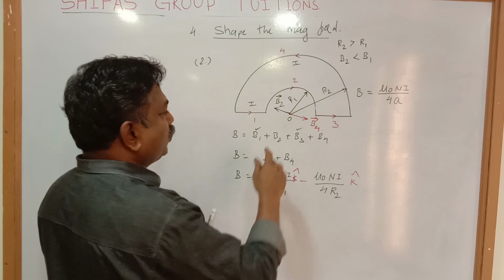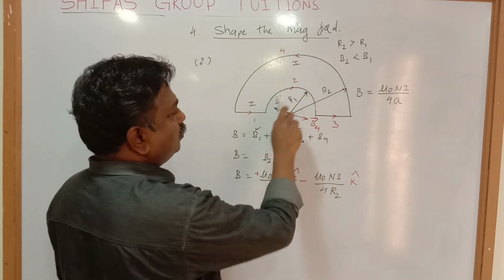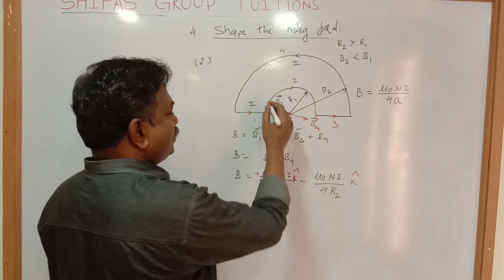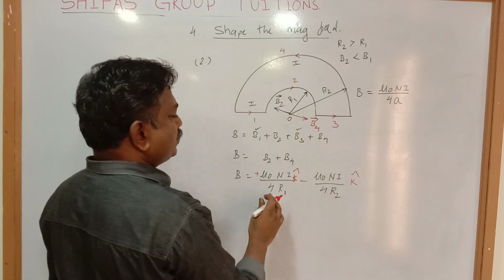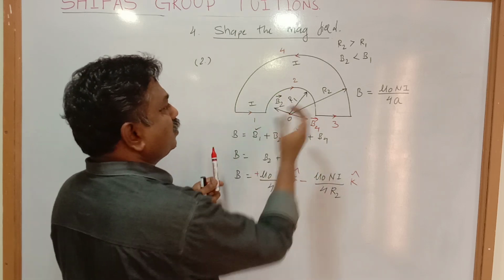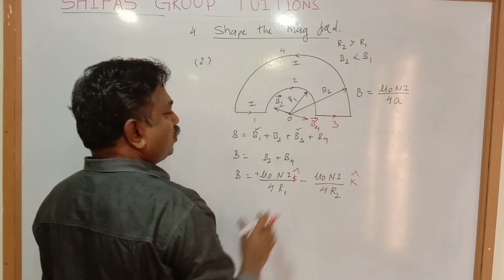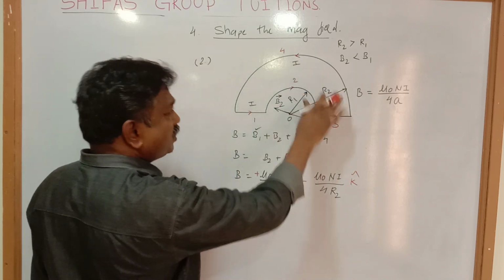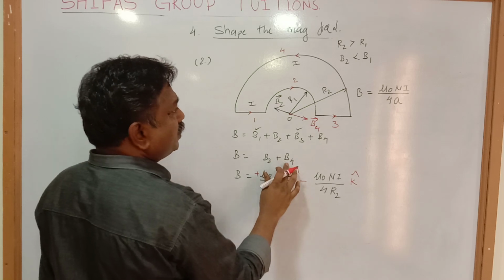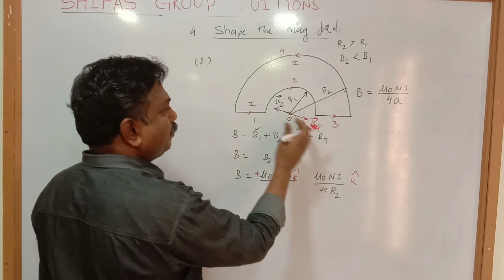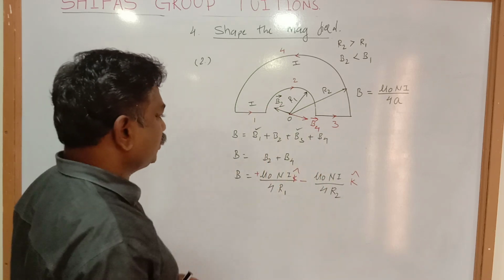Now according to this direction, B2 bar is inside and B4 is outside. So if I consider this particular shape, B4 is outside and B2 is inside.